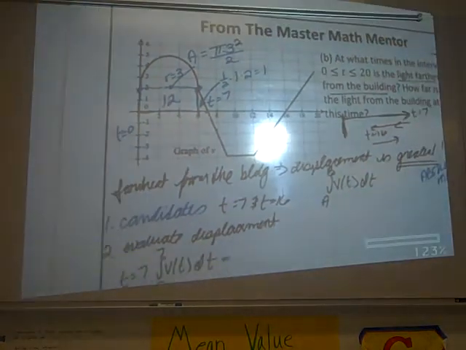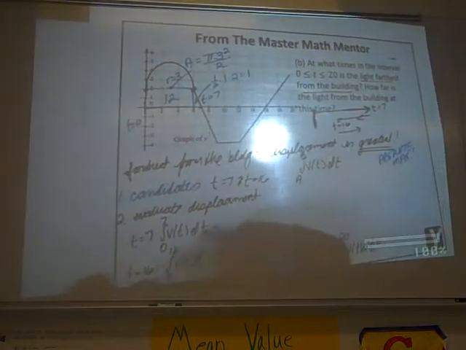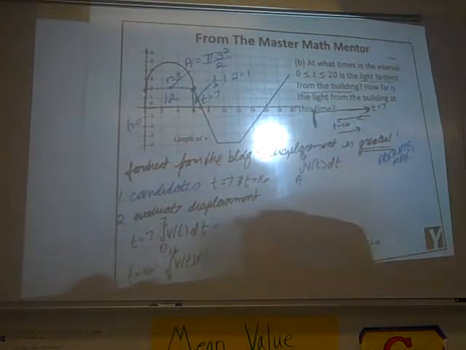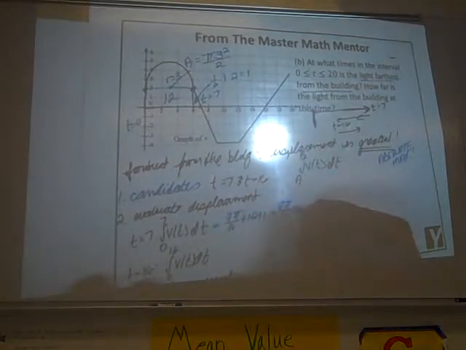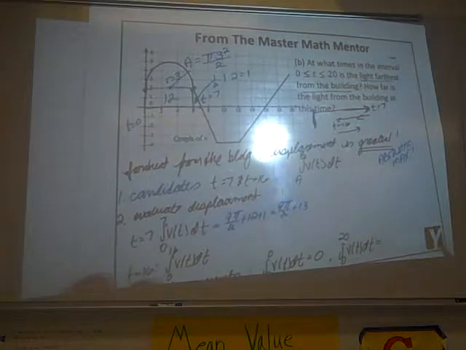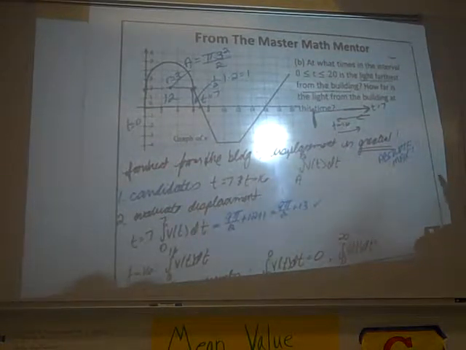So let's zoom back out here. If I want to talk about the displacement, I'm going to take 9 pi over 2 plus 12 plus 1, and I can make that 9 pi over 2 plus 13 if I'd like to. That's the displacement at t equals 7.